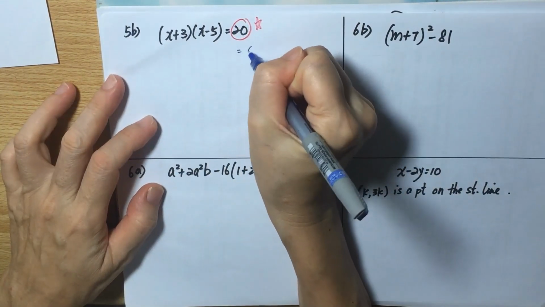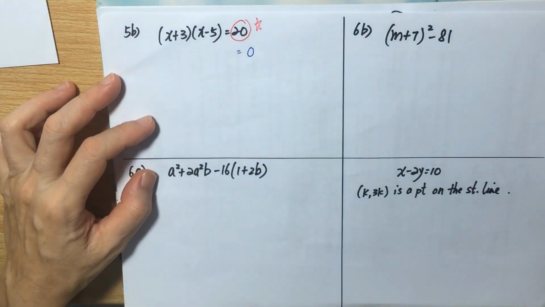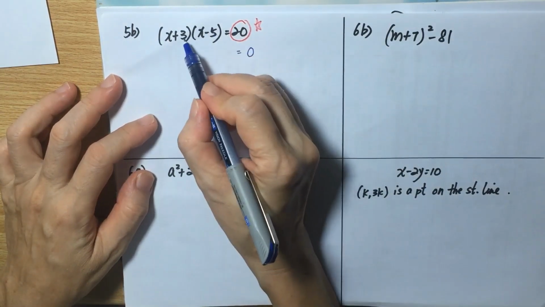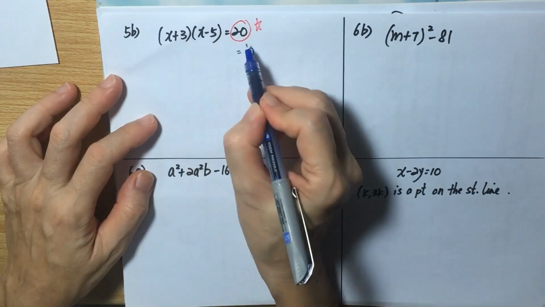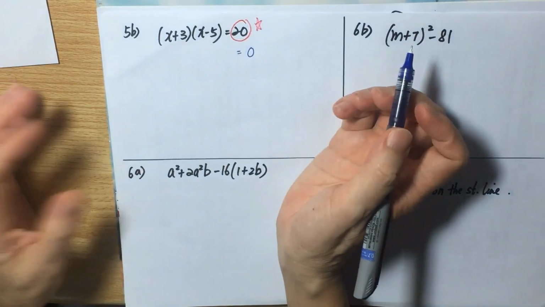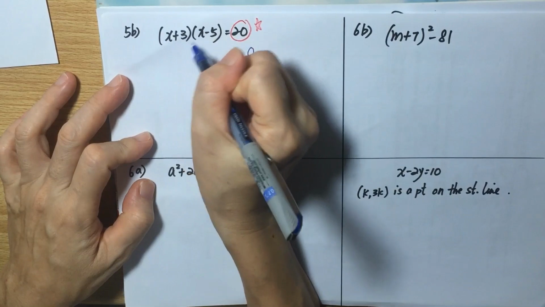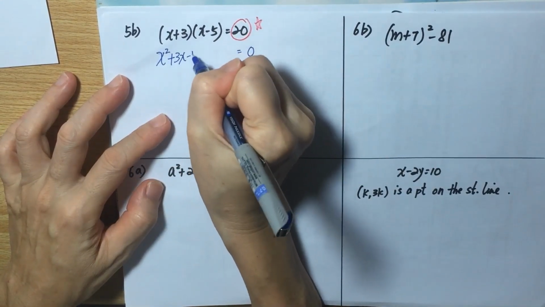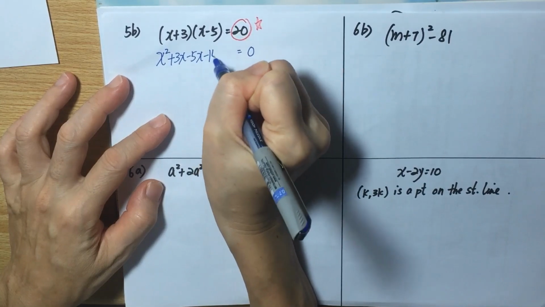To change this to be a 0, I have to expand this out, because there's a term of 15 here and there's a 20 here, and I'm going to combine them. So when I expand this, I get x squared plus 3x minus 5x minus 15.